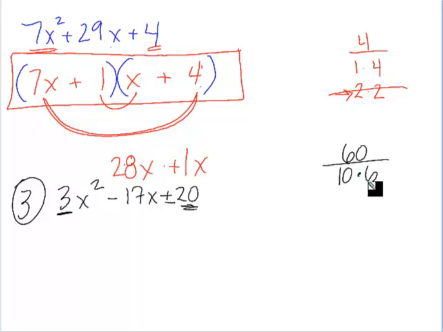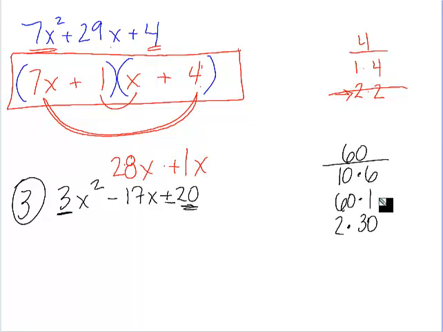10 times 6, does that one add to give us 17? No, I missed it by one. What are other factors? 60 times 1. Does that one work? No, it doesn't work. 30. Does that one work? No. Get your calculators out.